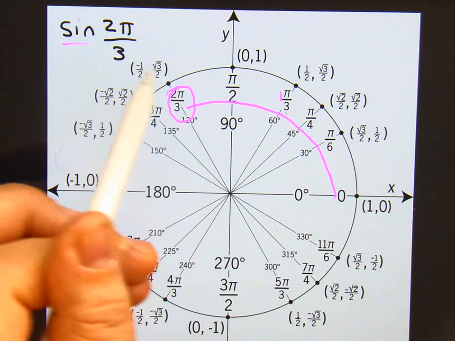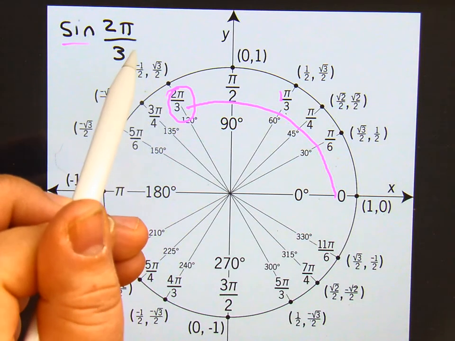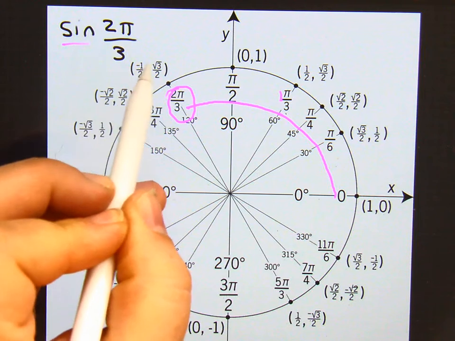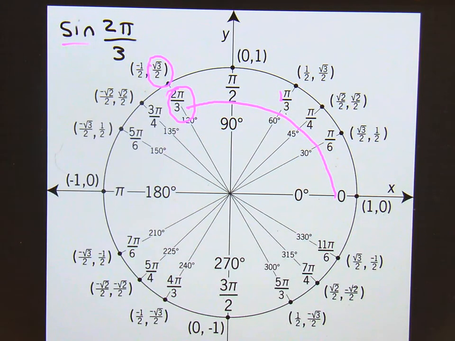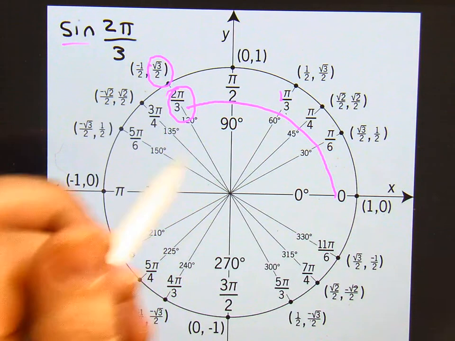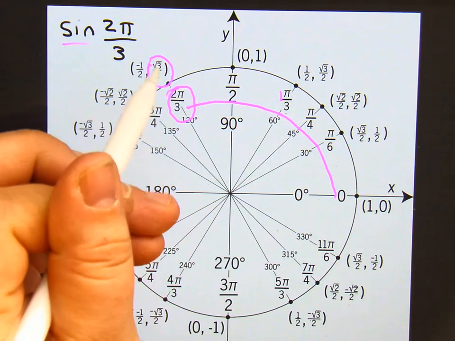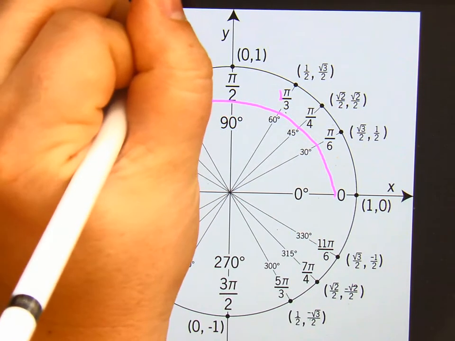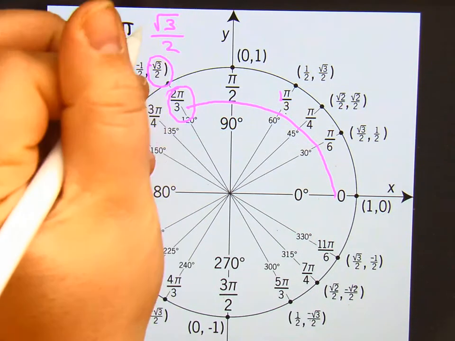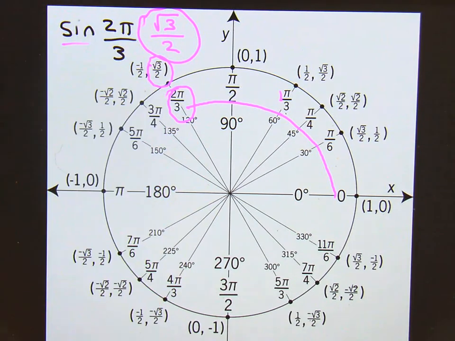On my x and y, remember my x value is my cosine and my y value is my sine. So this is asking, what is the sine value when your radian is 2/3 pi? Well, when the radian is 2/3 pi, my sine value is going to be radical 3/2. I am done, and that's my answer.